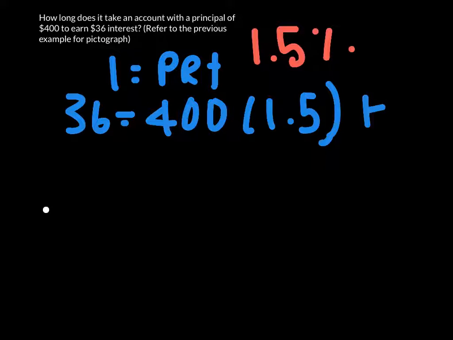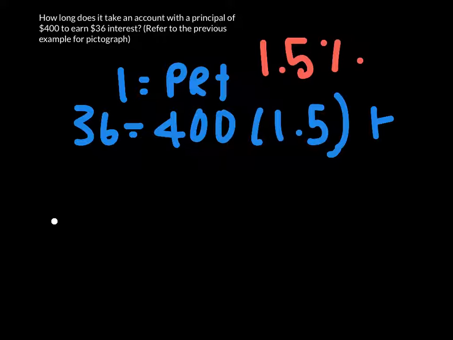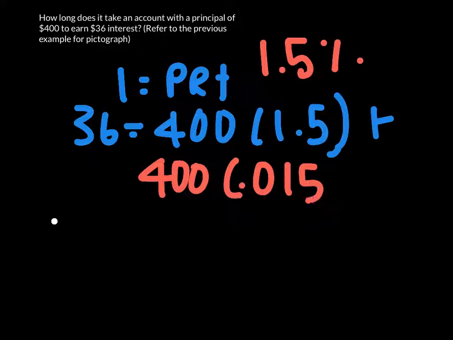and we're doing 400 times 0.015 because when you move this over 2 times, you would have a 0 here. So even though it's 1.5%, it's actually 0.015, if you get it, understand?